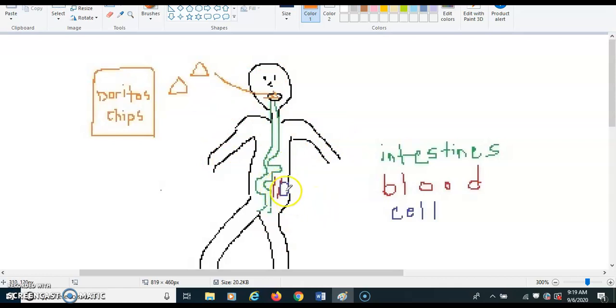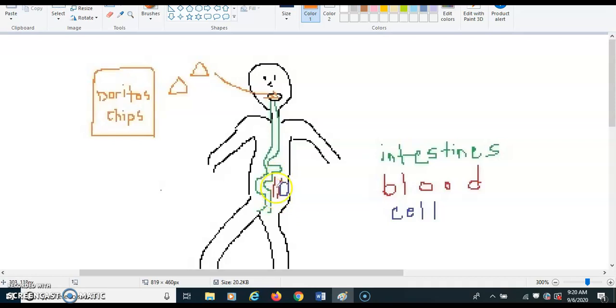So normally, like I said, the body maintains homeostasis by keeping the concentration of solutes in the cell the same as outside the cell. So this is something important to realize: the blood is considered outside the cell, because the things that are floating in the blood, the solutes, like the atoms and the ions and the various molecules, are floating in the blood, which is like a watery fluid, but they're not actually in a cell.